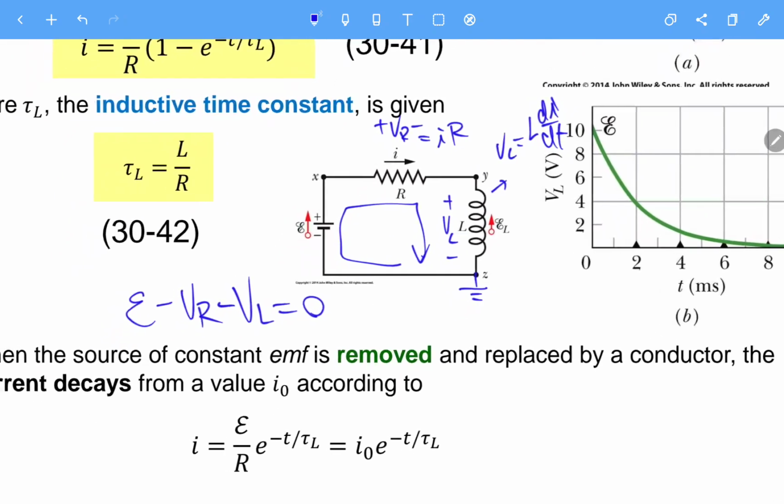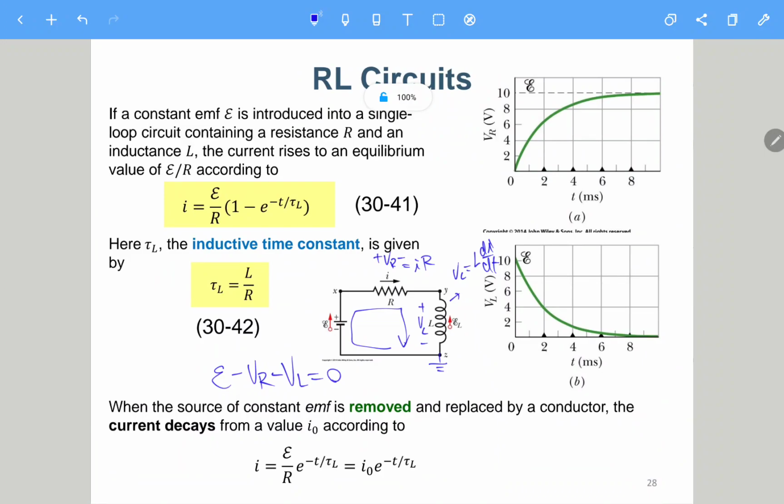Okay, so here we can just plug in E equals VR plus VL, where VR is I times R, and then VL is L di dt. So we can see this is actually a differential equation with constant coefficient. So we can just divide L on both sides.